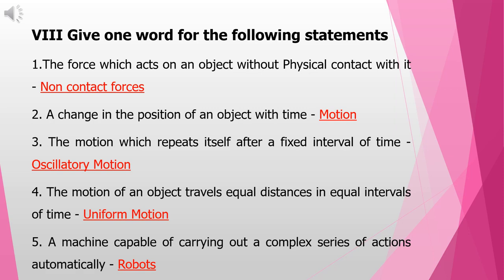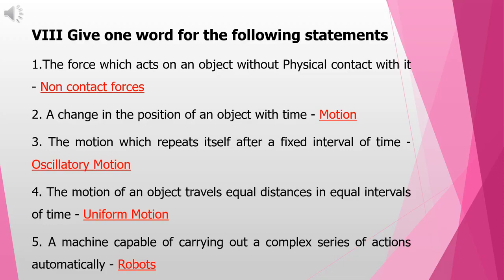Question number 4, the motion of an object that travels equal distances in equal intervals of time. Speed is same. The distance covered is equal with equal time. Answer is uniform motion.